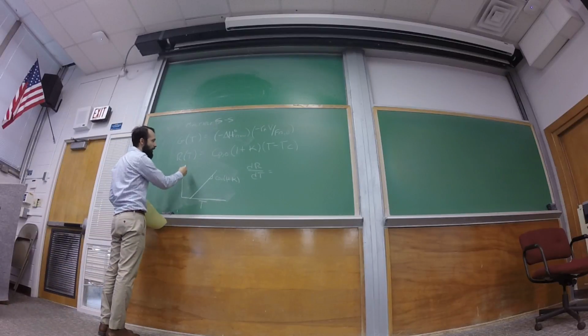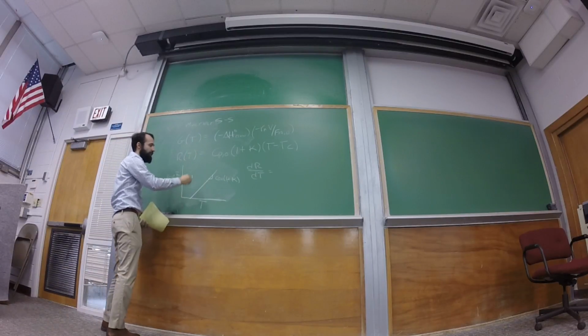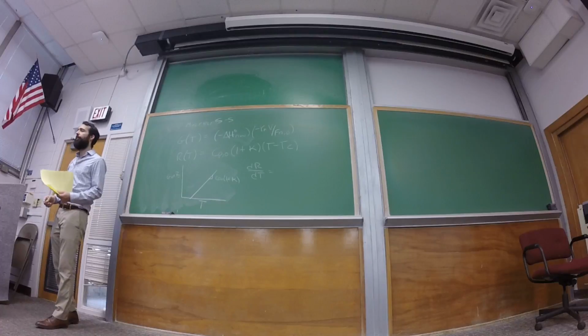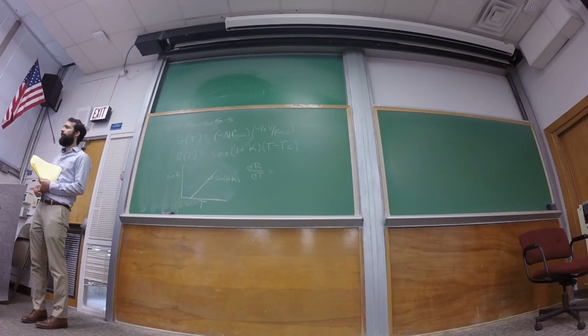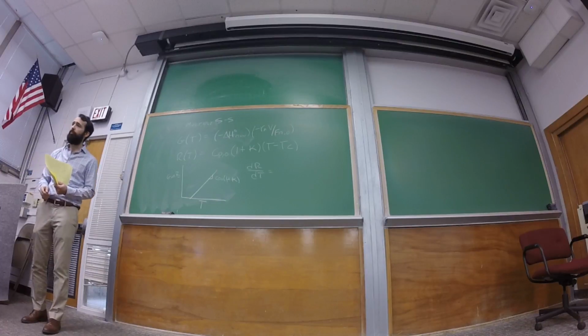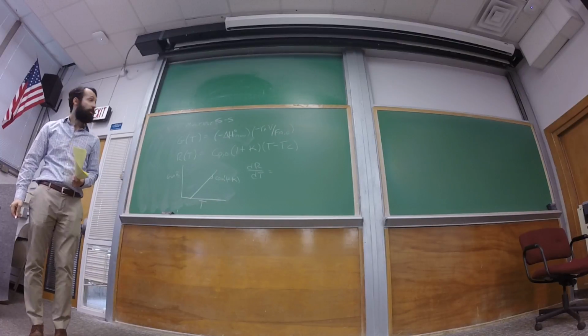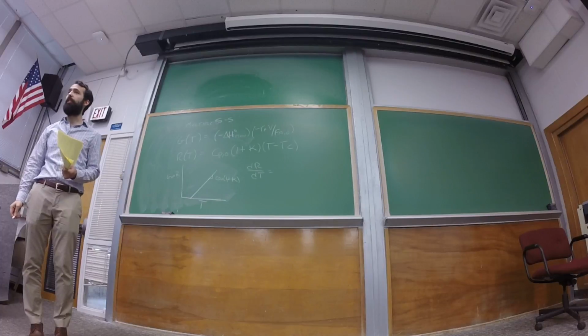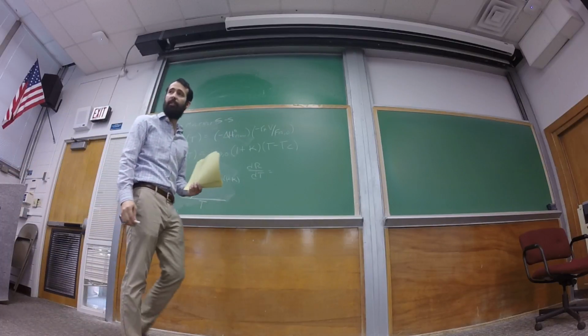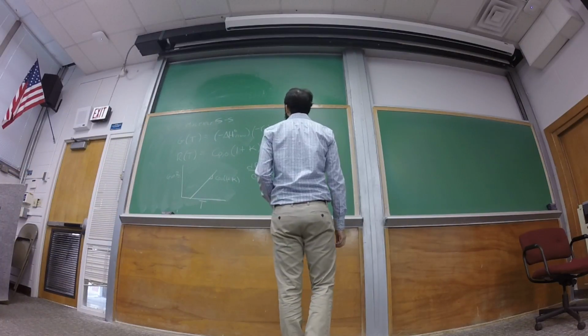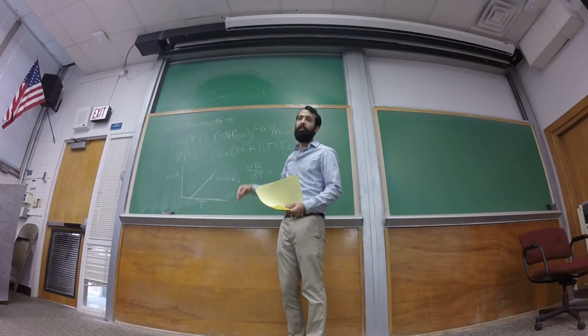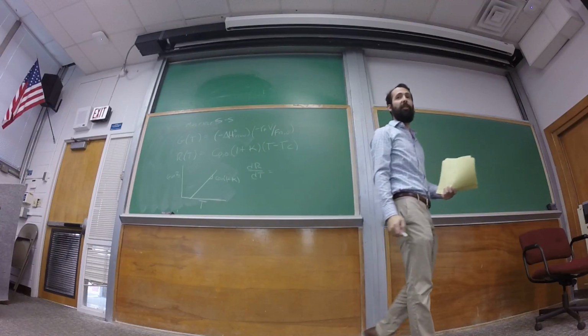Okay, and what about the heat of generation term? What shape does that curve have? Does the shape depend on anything? The rate? Yeah, but it'll always have a similar shape.